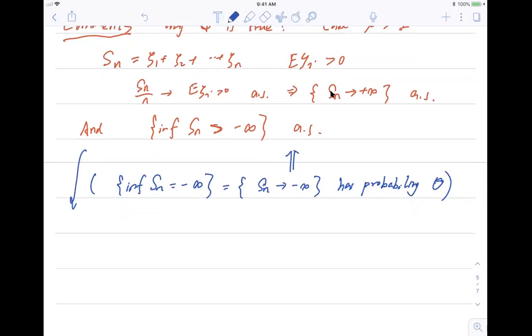This means there exists a k, a large number bigger than 0, such that the probability that the infimum of Sn is bigger than minus k is positive.